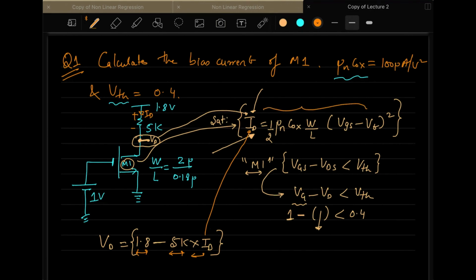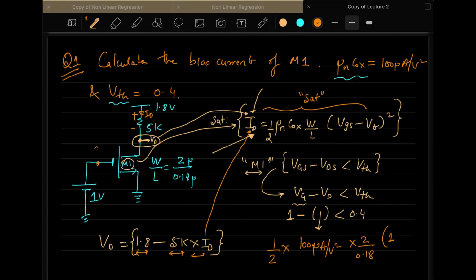You don't know exactly whether it's in saturation or not right now. But to start with, we are saying it is in saturation. So if you plug in the values here, it's very simple, right? 1 by 2, mu n COX is given to you. Then W by L is also given to you. And then VGS is 1 volt. Why is VGS 1 volt?